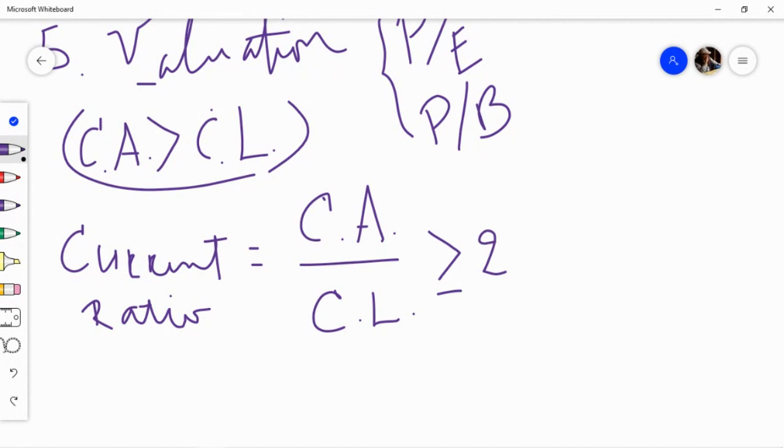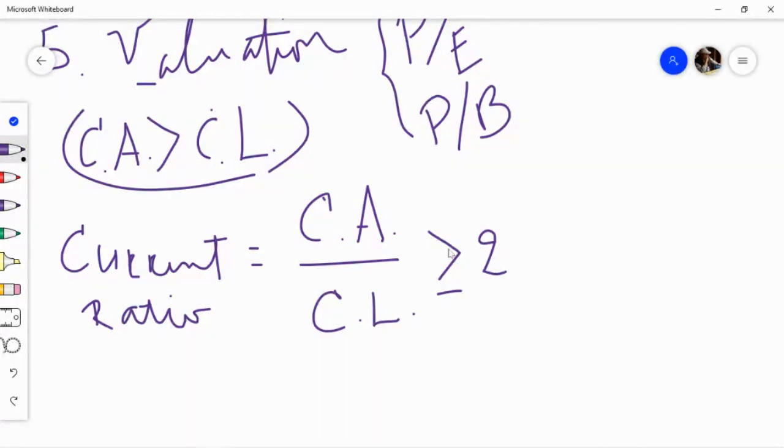Why? If it is barely greater than 1, then still the same thing. After meeting your short-term payments, you won't have sufficient working capital left, right? Working capital is what it takes to support your production activity until the output generates the revenue.